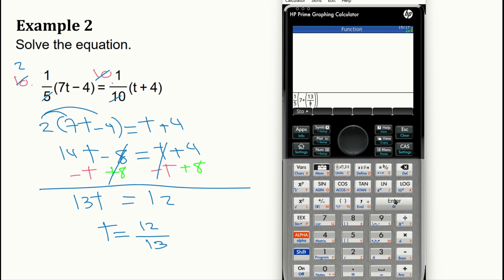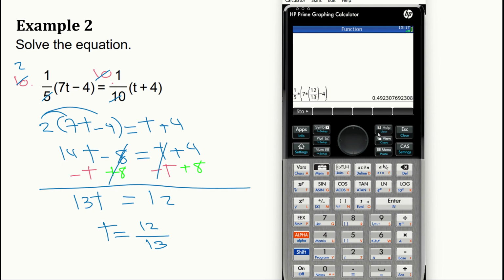Oh, 12 over 13. All right, so now we're going to get out of that denominator, and out of the first set of parentheses, and we're going to type minus 4, okay?